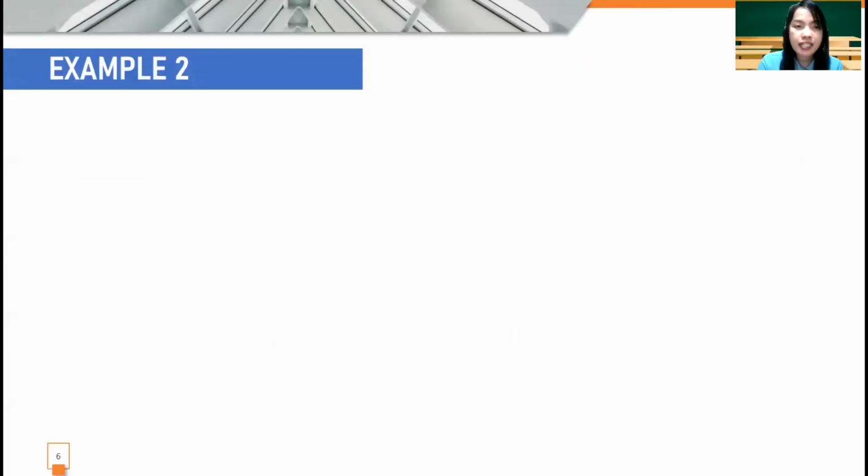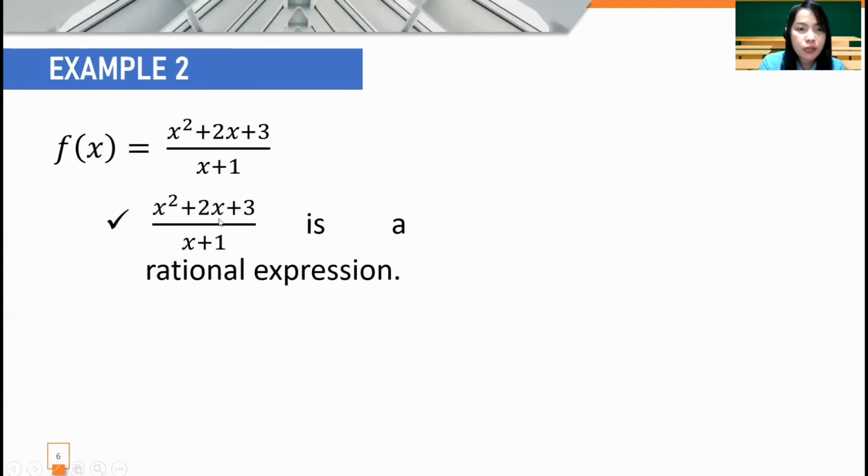Let's have this example. F of x equals x squared plus 2x plus 3 all over x plus 1. We have this one. It is a rational expression. X squared plus 2x plus 3 is a polynomial, check, because lahat ng exponent ng variable ay positive integer, at ang denominator naman, x plus 1, is a polynomial.